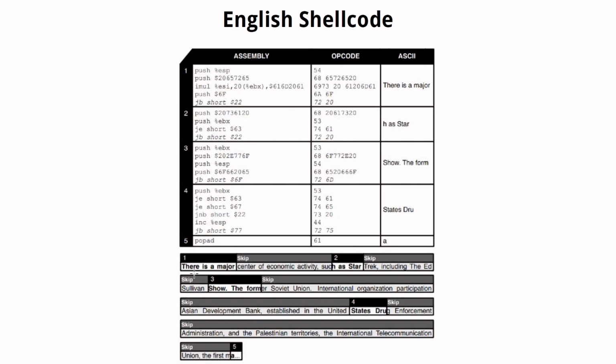However, if you interpret this as x86 code, it will be something like this. It will push ESP, push a value, multiply something, and they are meaningful instructions. Not only are they meaningful instructions, they are instructions that can exploit your program's vulnerability. They are the shellcode, right?